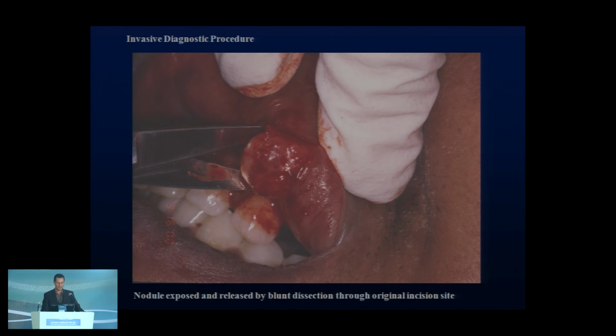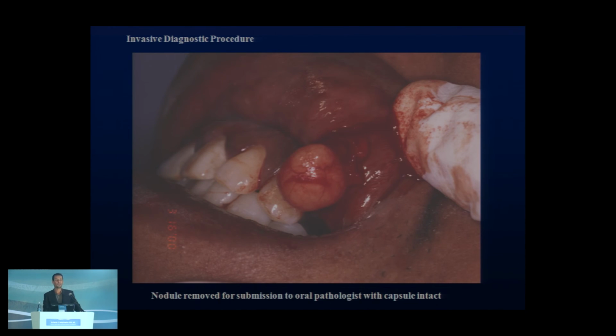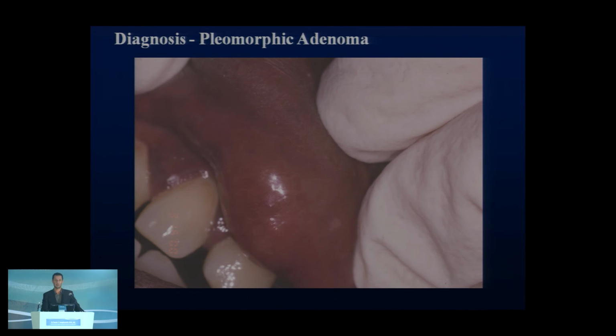It looks very yellowish, but very well defined with a glistening, smooth capsule around it, with some nice blood supply. Tumors need blood supply. And this was easily removed in toto, and the diagnosis was pleomorphic adenoma, a benign, encapsulated, well-defined salivary gland tumor, which is probably one of the things we would have thought it was in our differential.